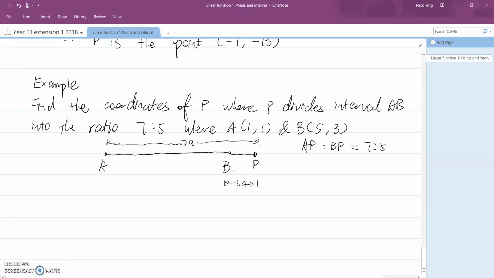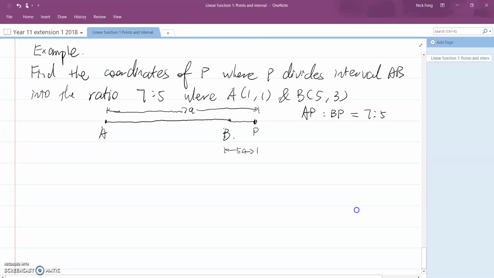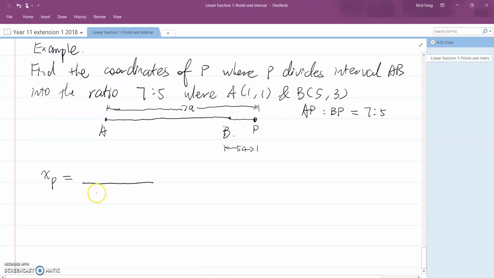Okay, so in this case, the x coordinate of P equals 7 plus negative 5. As I said, you can make either one of them negative.